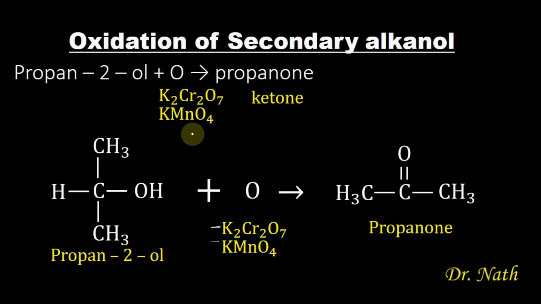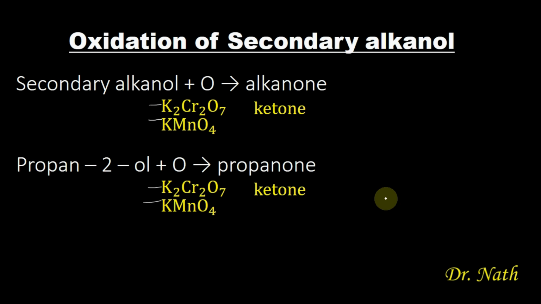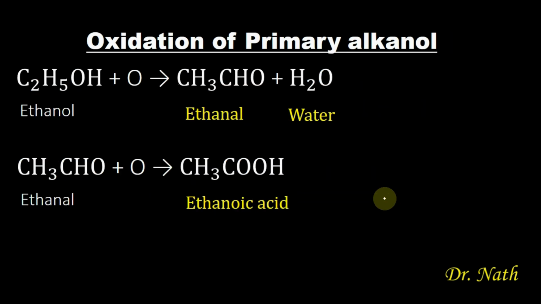Unlike that of the secondary alkanol, this is a secondary alkanol, and if this compound should undergo oxidation, the oxidation will be geared towards this hydrogen atom. So it is this hydrogen atom that is oxidized to give the propanone. Same with the primary alkanol.